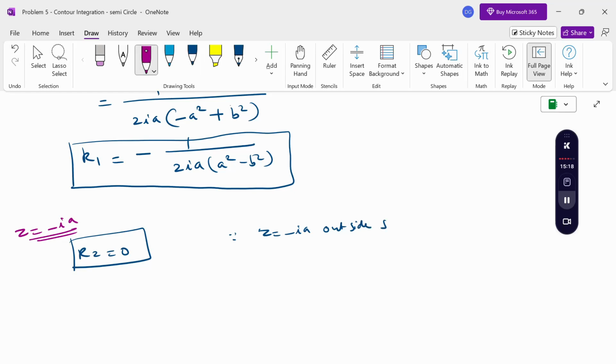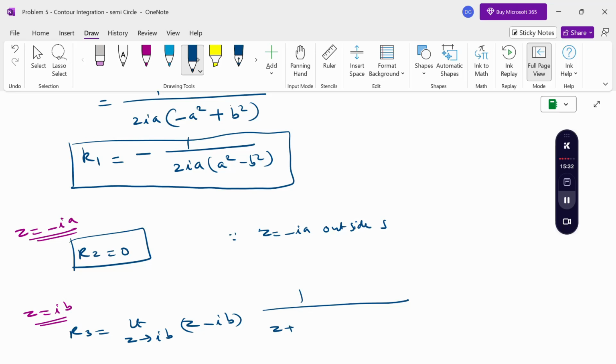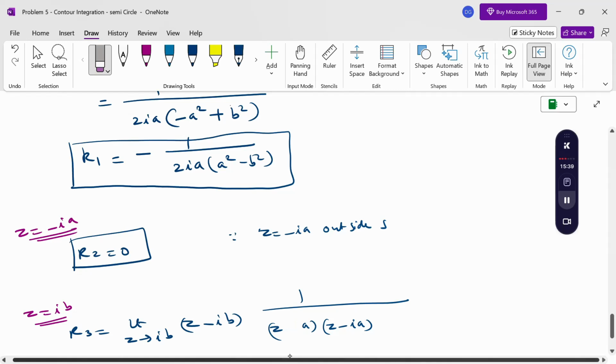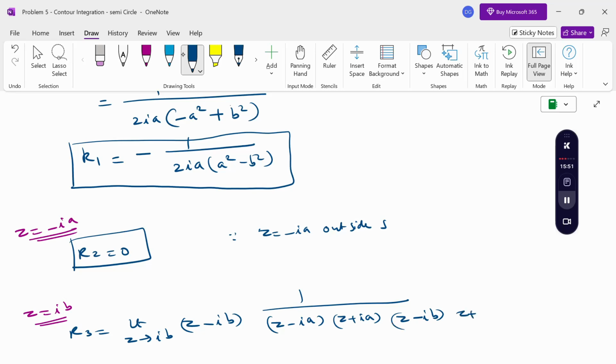Now z equal to ib: the residue equals the limit as z tends to ib of (z minus ib) into f of z, which is 1 by (z minus ia)(z plus ia)(z minus ib)(z plus ib).